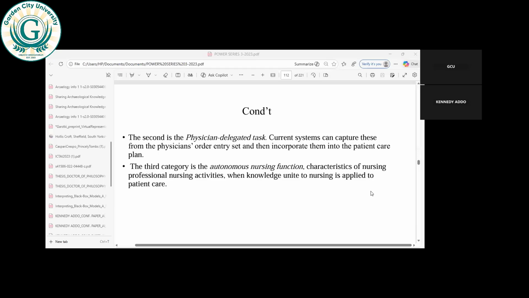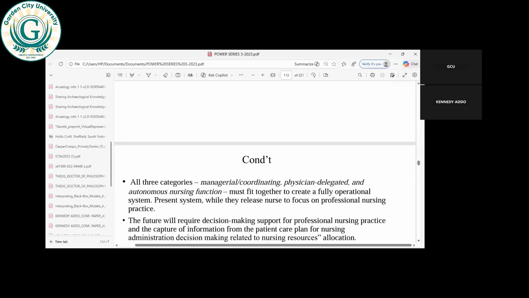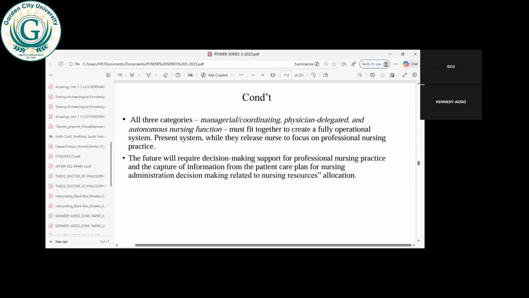Characteristics of nursing professional activities. When knowledge unites, nursing is applied to patient care. So this one is based on how well we are trained to be independent in our functions and that we know what we're supposed to do. Then managerial and physician delegated tasks and autonomous nursing functions must fit together to create a fully operational system.